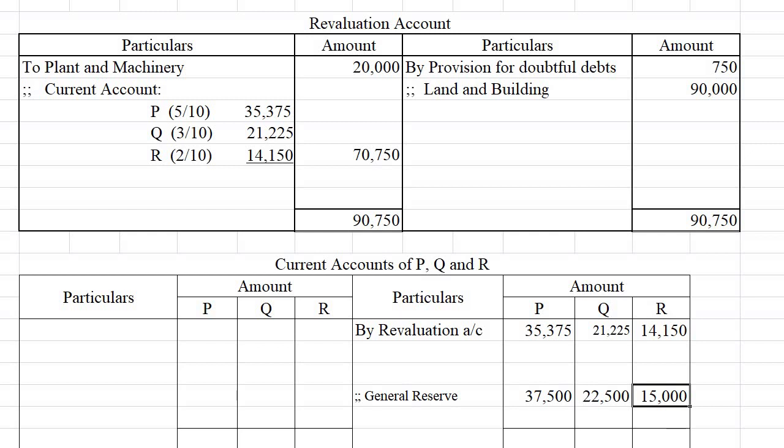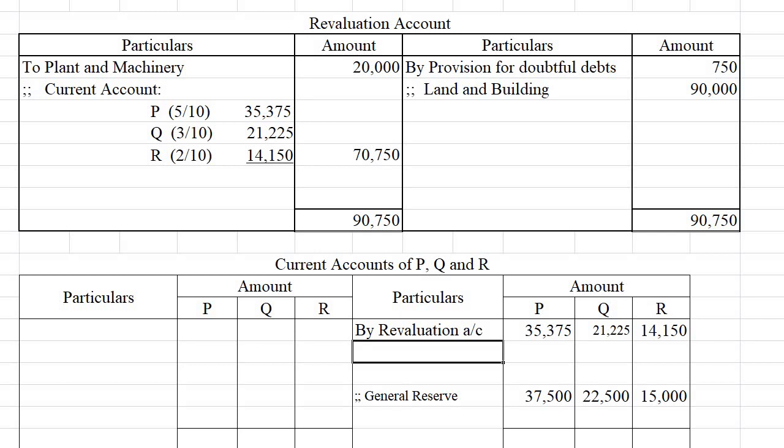Then now we have to find out the goodwill of the partners, and that is to be adjusted in their current account. So let us see how to calculate the goodwill.